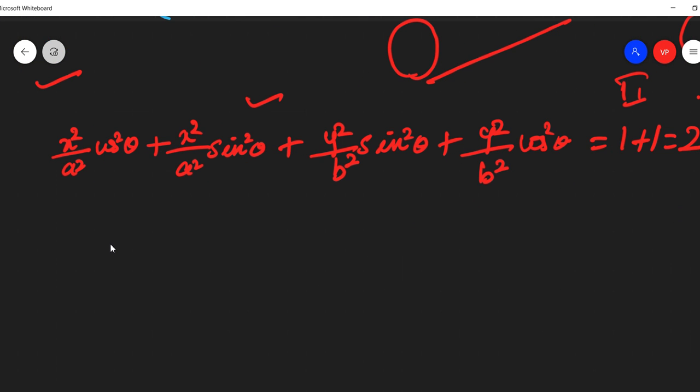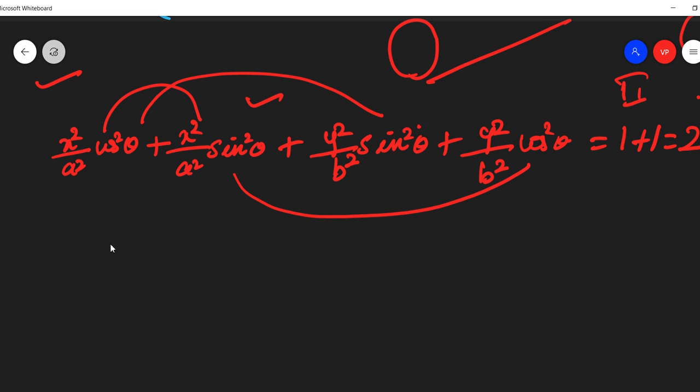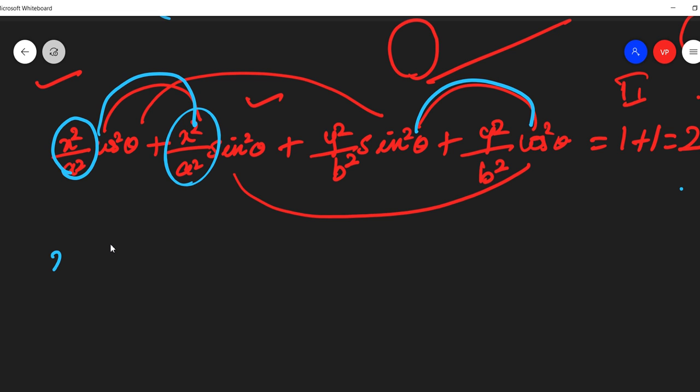After this step, you can do grouping. Students, why are you grouping these terms? Because this one and this one have x square by a square, so I am taking x square by a square outside.